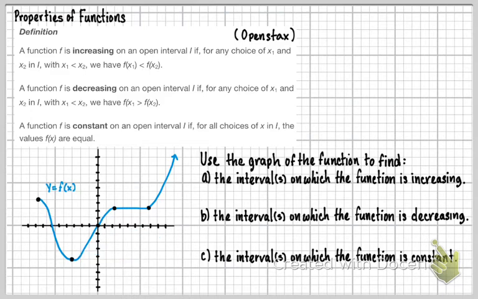A function f is decreasing on an open interval I for any choice of x1 and x2 in I, with x1 less than x2. So it's the same instance as the first where my x1 is on the left, my x2 is on the right graphically. Okay, and then it says we have f of x1 greater than f of x2.